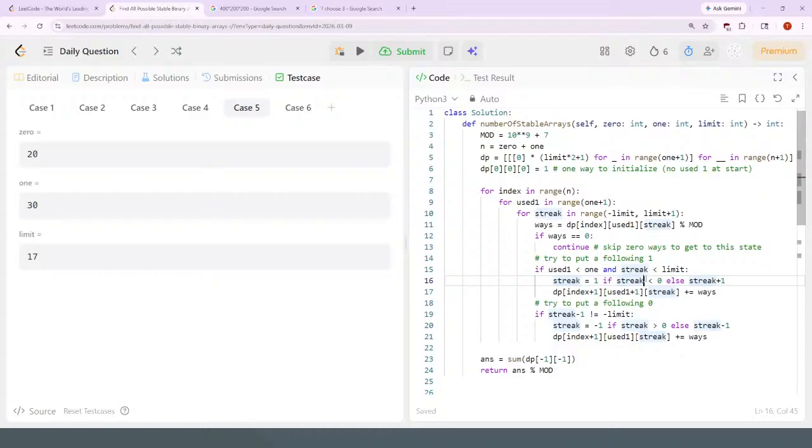The number of ways to get here is 0, skip. If the number of used ones is less than the total number of ones, and the streak is not capped, then move to the next state from here, where the streak is incremented to be 1 more, or just to be 1.